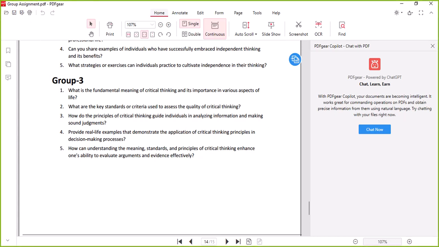We have structuralism, rebuttal. Good. Fair enough.